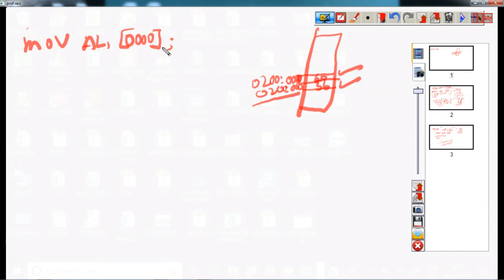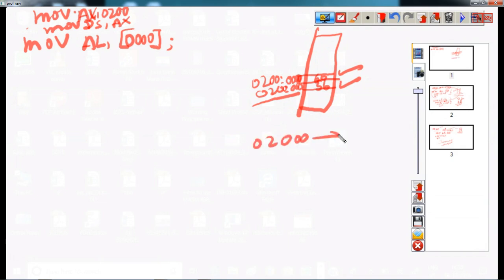So what does this 00 specify? Here what we do is MOV AX, 0200 and MOV DS, AX. This is, my data is at 0200. This means my physical address is 02000.